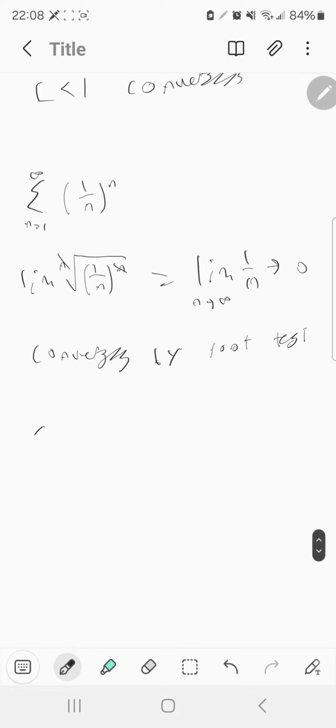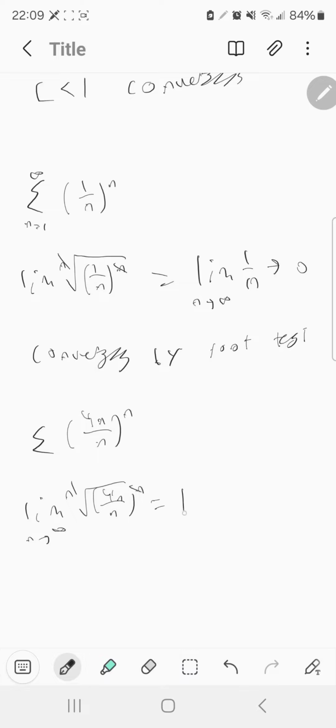And if we did the same thing, but we had 4n over n to the power of n, when we take the limit of the nth root of 4n over n to the power of n as n approaches infinity, these two would cancel out. We get the limit of 4n over n, which is going to be equal to 4, and this would diverge by the root test.